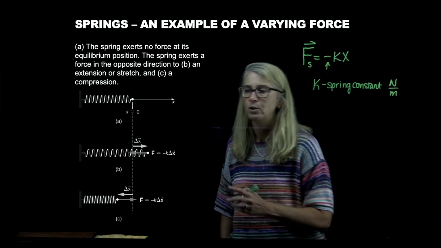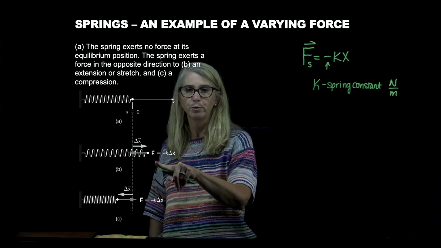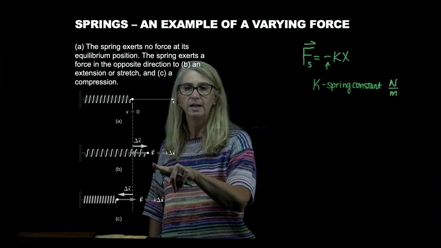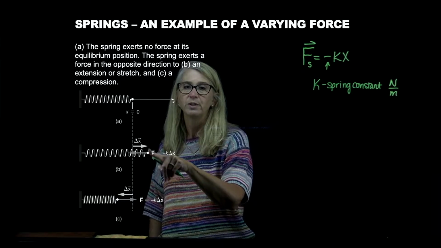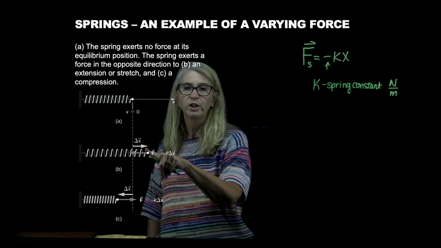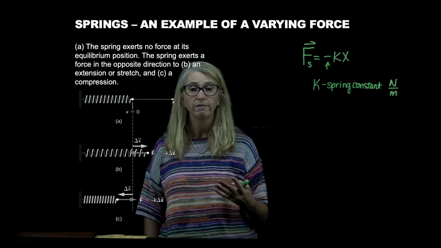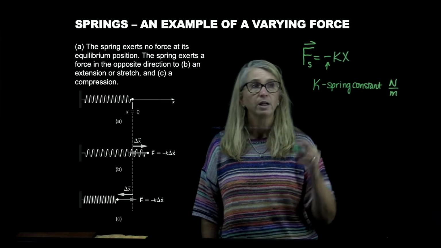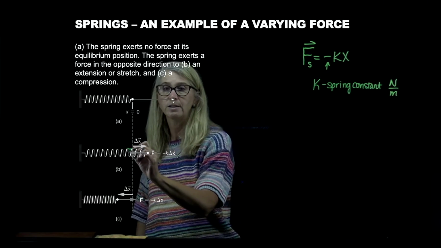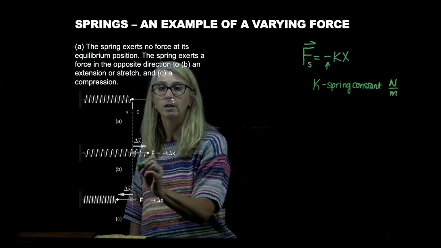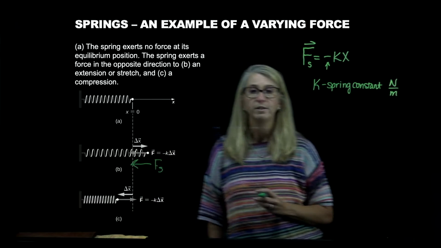All right, so now let's take a look at the second scenario. In this case, you can see that the spring has gone past the x equals 0 location. And so now the position of the spring has a positive value. But because the force of the spring is in the opposite direction, in this scenario the force of the spring would be to the left.